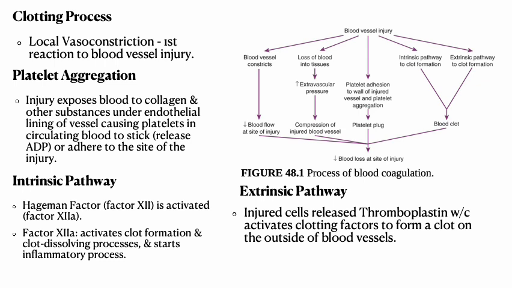Then platelet aggregation: the injury exposes blood to collagen and other substances under the endothelial lining of vessels, causing platelets in circulating blood to stick, or adhere, to the site of the injury.